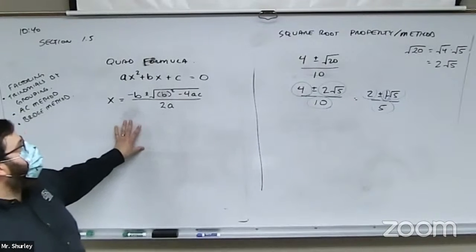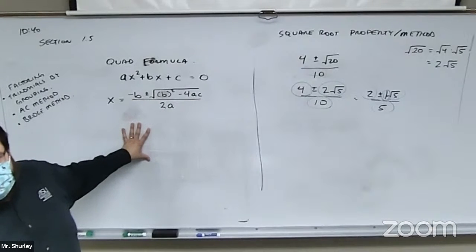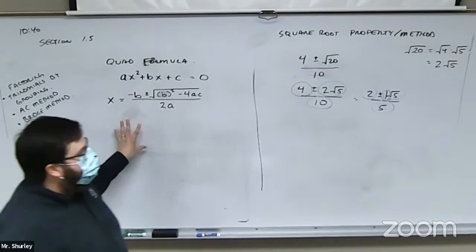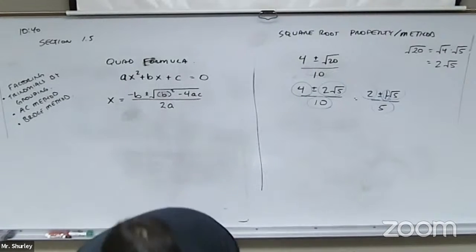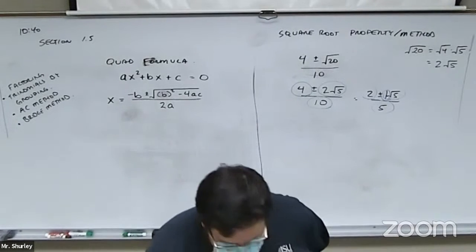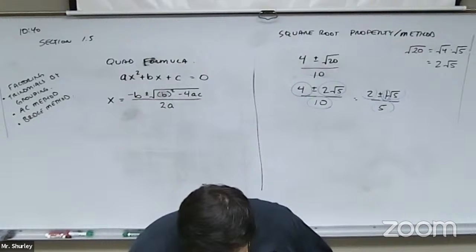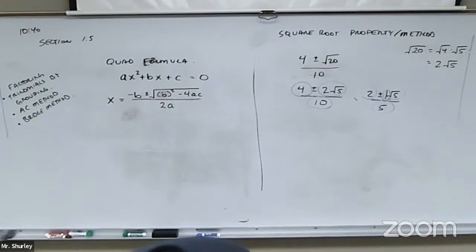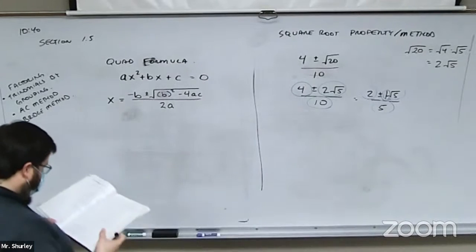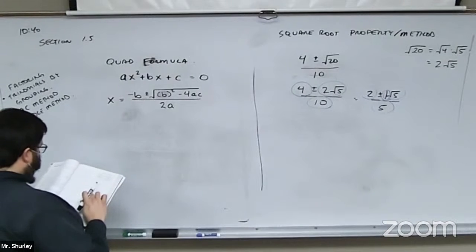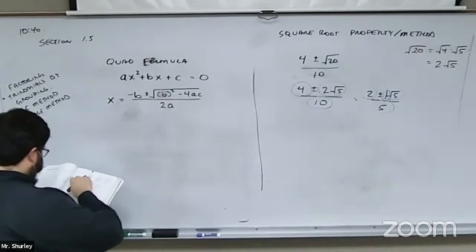Okay, so let's do at least an example or 2 before class ends on this quadratic formula. I'm going to steal one from the book. Let me find that. I have a question before you get started. How would the book have us write it?